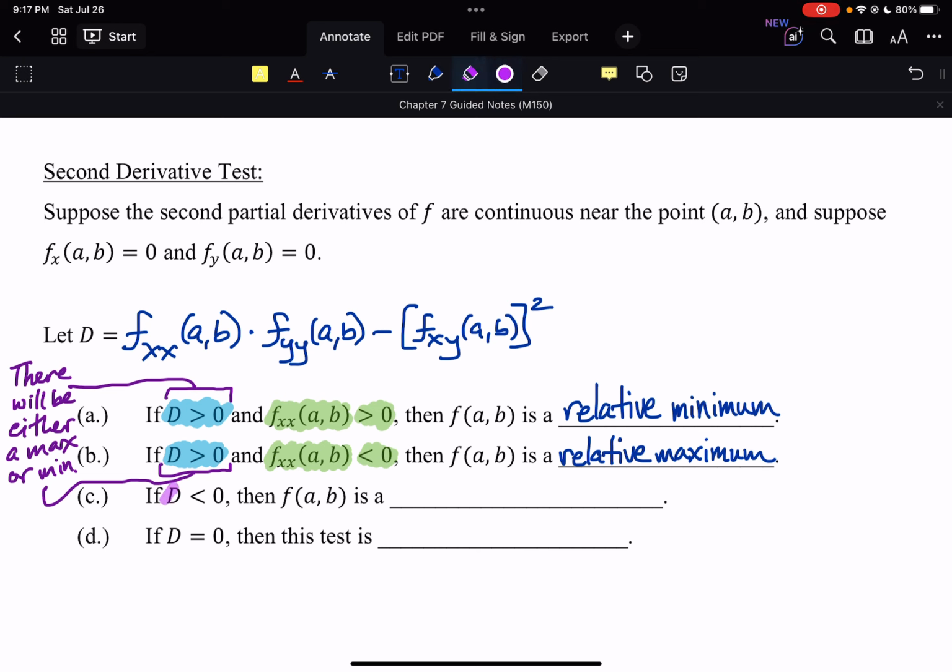Now, if D is a negative value, then f of (a, b) is what we call a saddle point.